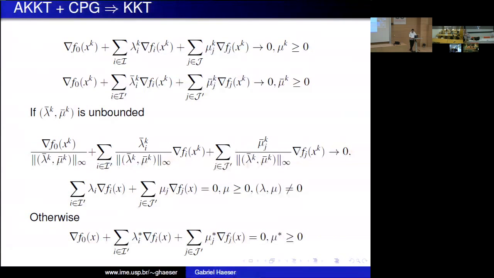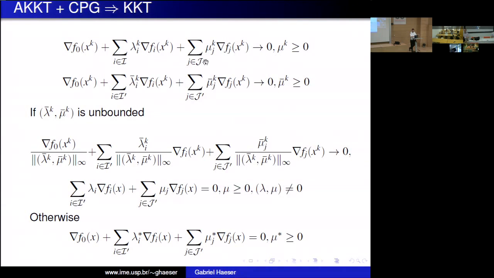Let me show you here the idea of the proof, which is very simple. In fact, remember what we did before? Yesterday, we had a local minimizer, and we proved that we are able to find sequences xk, lambda k, such that this condition goes to 0.